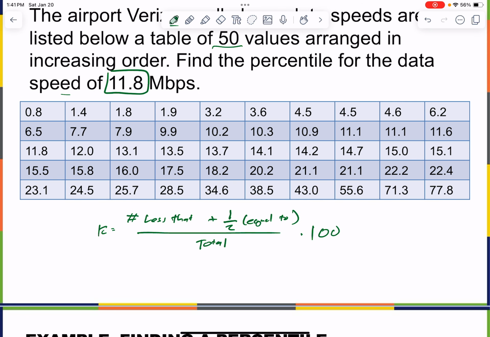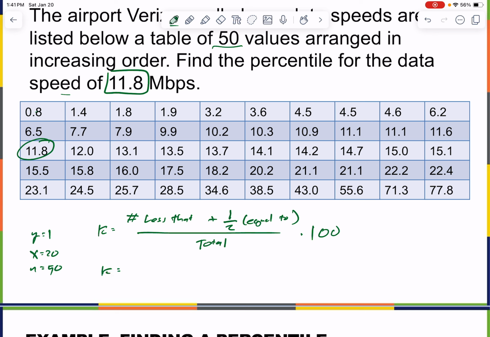So first I have to identify 11.8. It's right there. There's only 1 equal to it, so y will equal 1. Let's count how many are before it. 10, because each one of these rows is 10, so that's 20. So x equals 20. N equals 50.